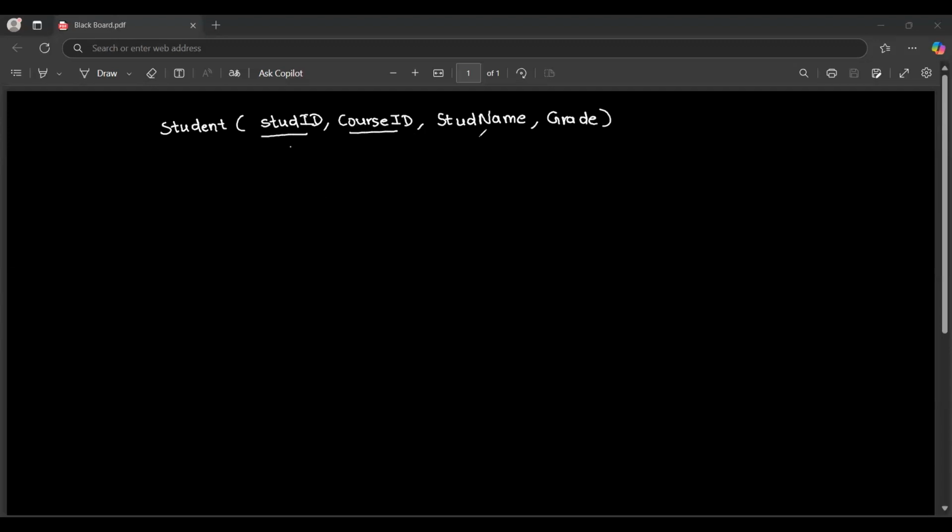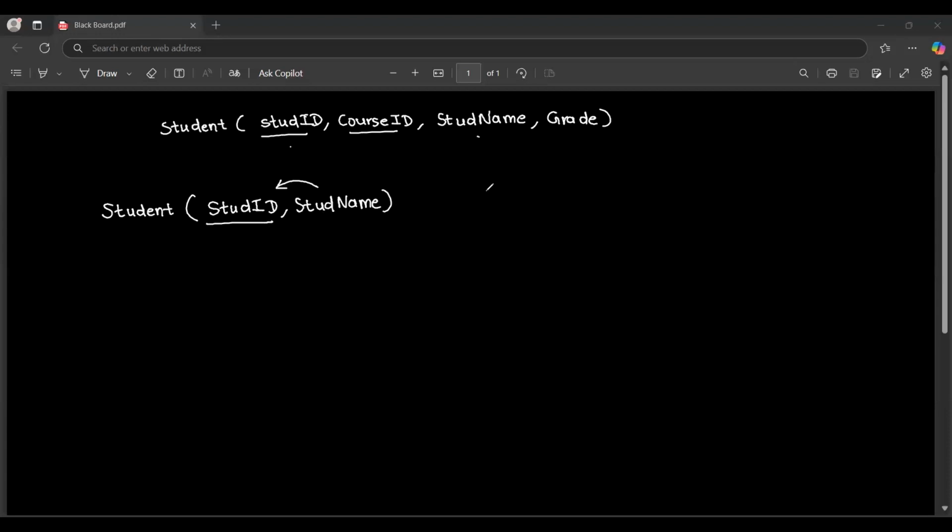Since stud ID functionally determines stud name, I will put that in a separate relation. Student: stud ID, stud name. Here the primary key will be stud ID, and we can say the non-prime attribute is fully functionally dependent on stud ID.